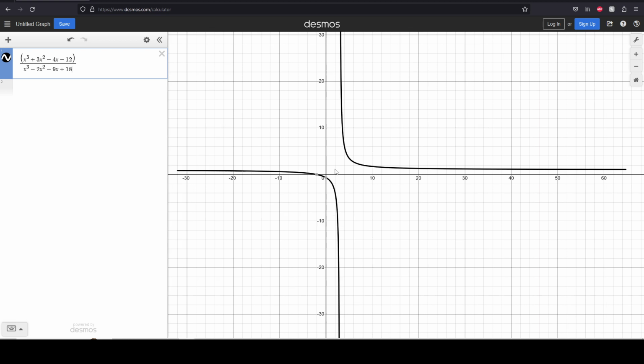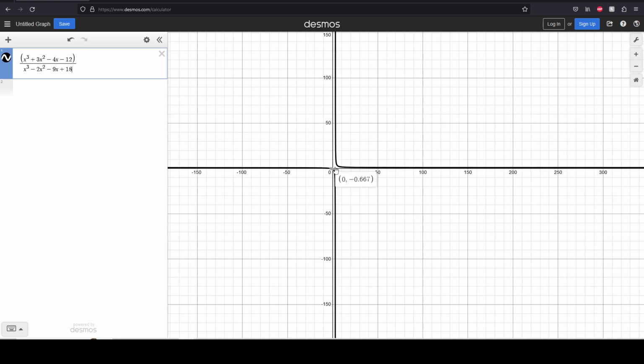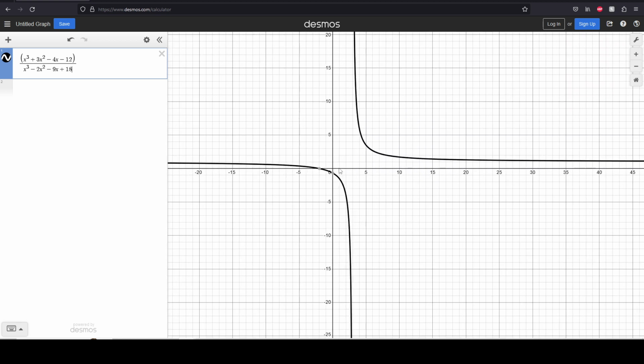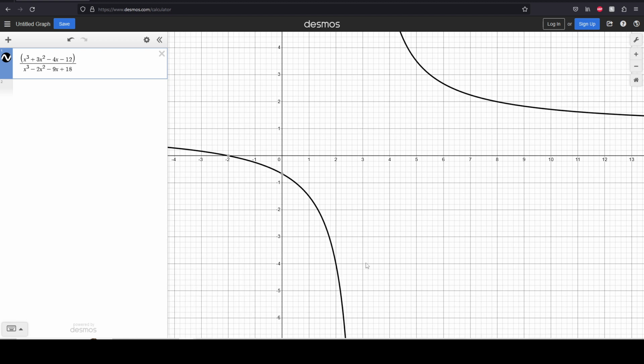So this is f, and as you can see, there's only one asymptote. And as you can see, it expresses one asymptote at x equals 3. Additionally, it has holes at x equals negative 3 and x equals 2.